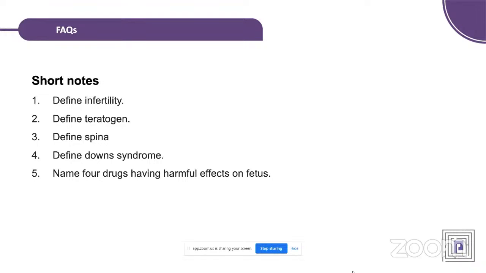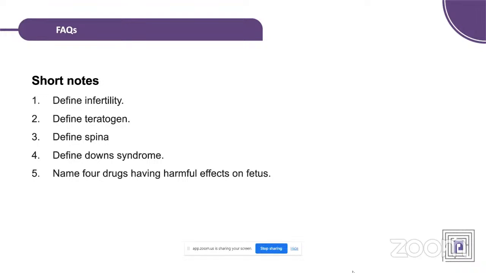The form is changed. The things which change the morphology and affect the baby's structure, the structure of the body and face, are called teratogens. This can cause birth defects in the fetus.